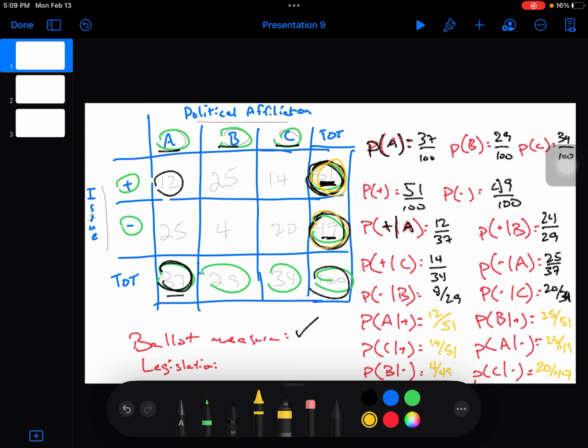Looking at these numbers, we can infer a couple different things about which parties are more or less in lockstep with the average person. And you can see that on this issue anyway, it's going to vary issue to issue for certain. But on this issue, only 12 of 37 in Party A are for that issue compared to a total of 51 out of 100.